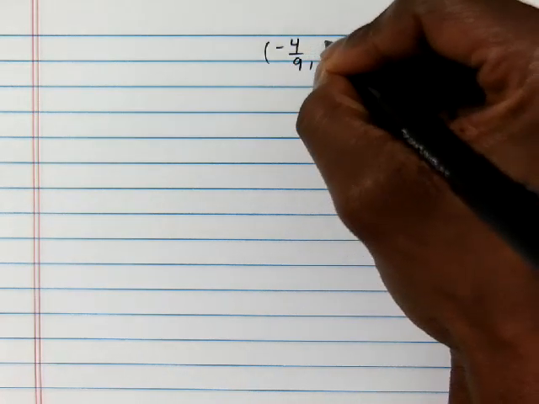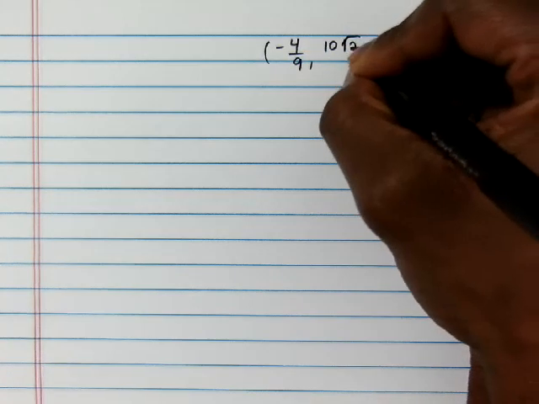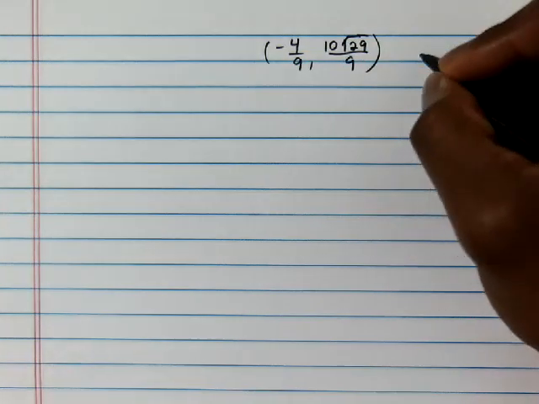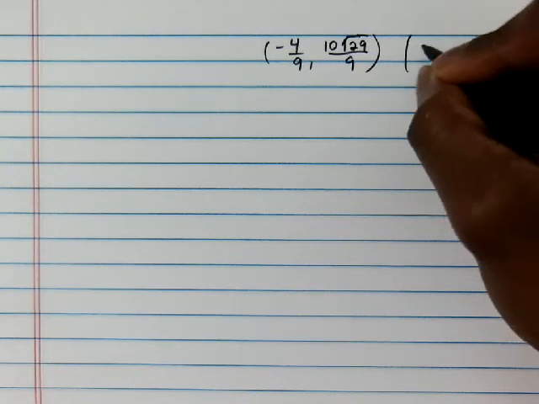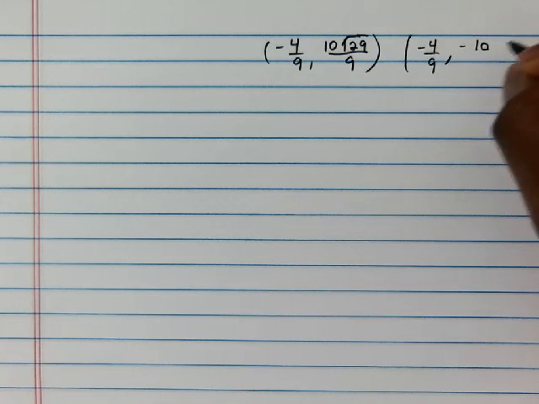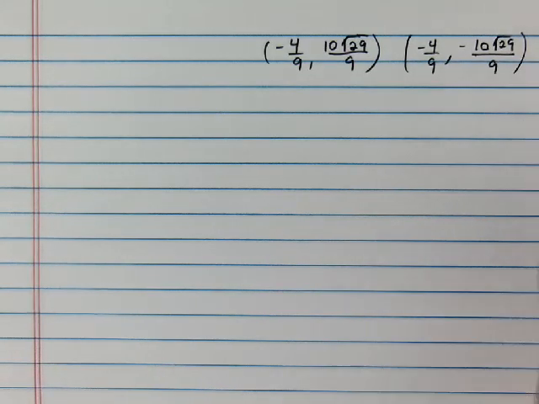All right, so we have negative 4 over 9, comma, 10 times the square root of 29 over 9, and then negative 4 over 9, comma, negative 10 times the square root of 29 over 9.